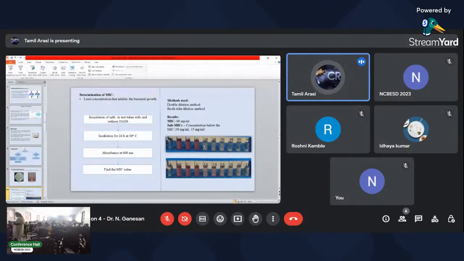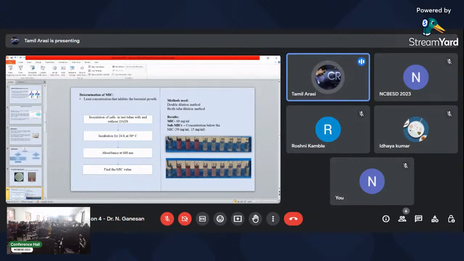So that's why it reduced the prodigiosin pigment. And then in 60, you can see the clear solution like blank. So in this 60 mg per ml, it has reduced the growth of Serratia completely. So instead of that, I'm taking 30 and 15 mg per ml as my sub MIC values.